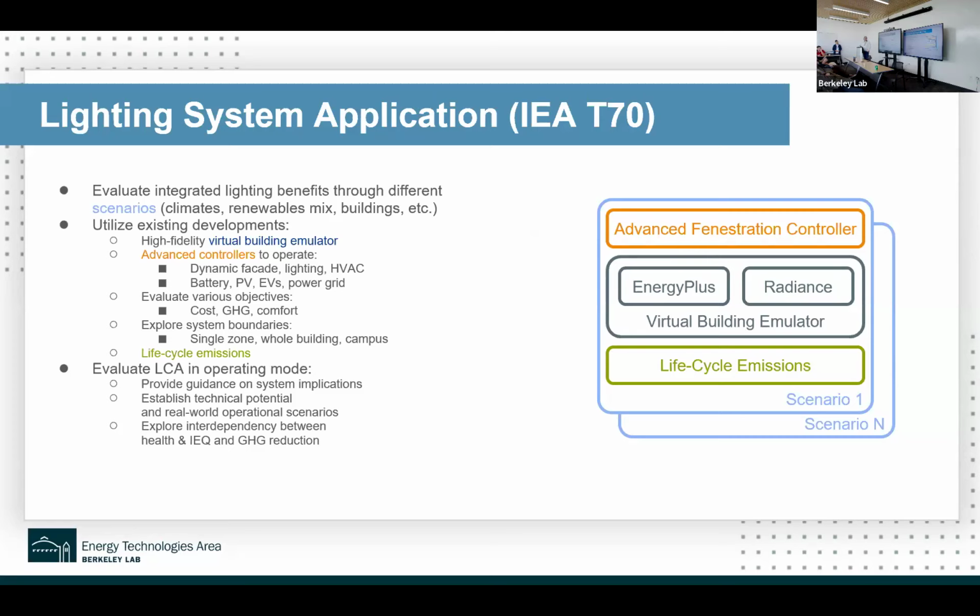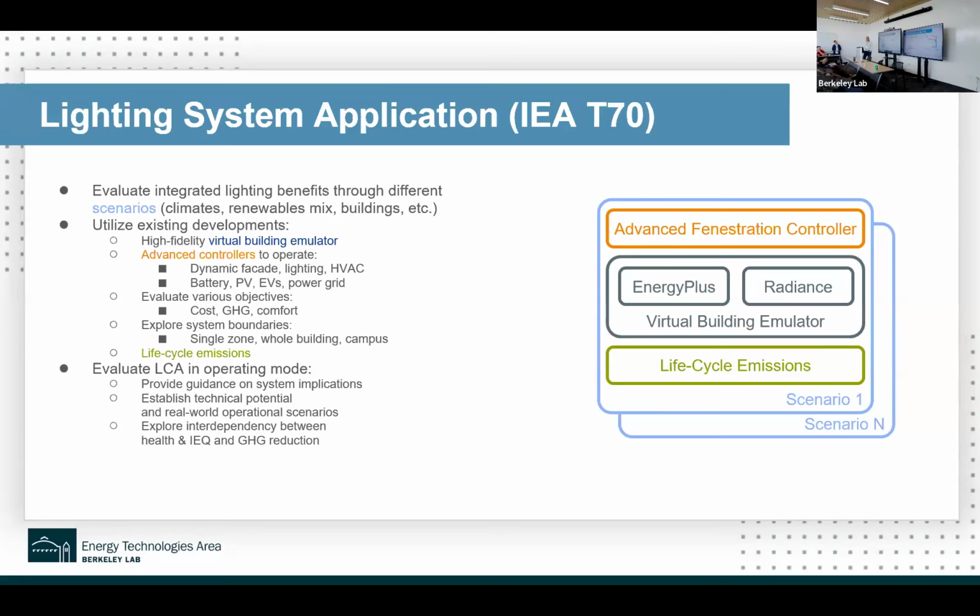So it gives a very realistic response from the simulation model. And it's then coupled with our control system, as well as with other post processes, for example, to assess emissions, cost, comfort, and so on.